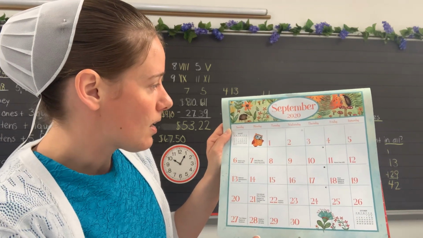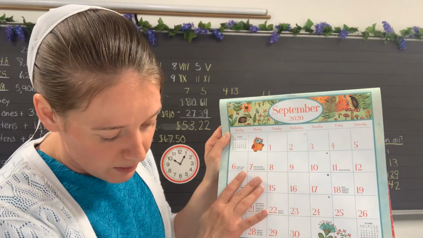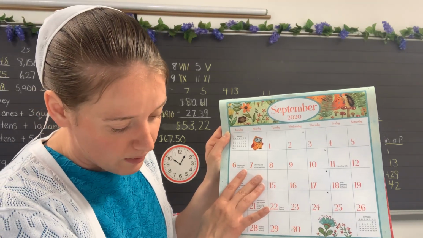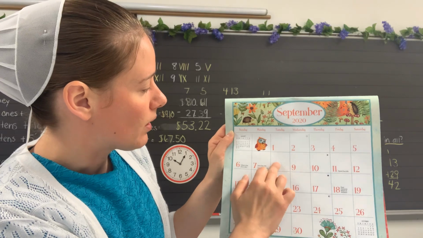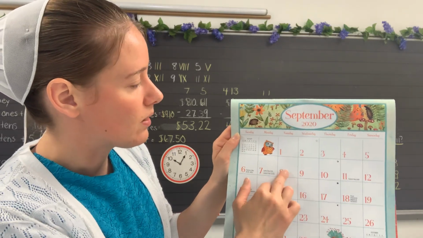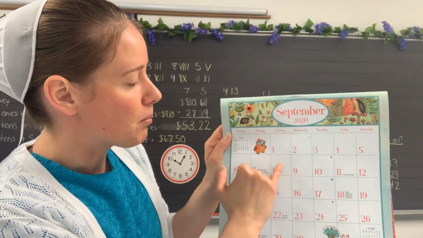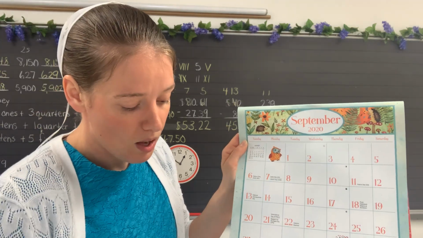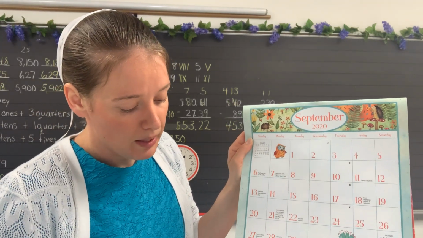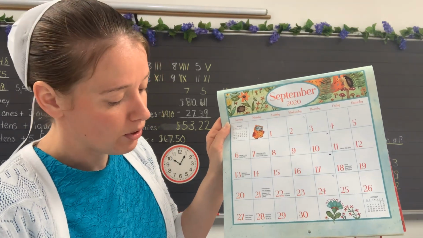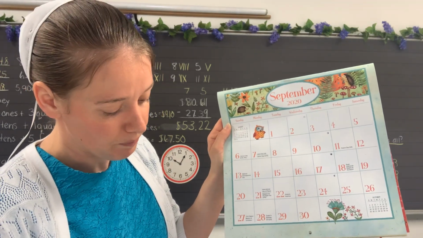So the date of the second Tuesday would be right here, because this was the first Tuesday, so this is the second Tuesday. So the date of the second Tuesday would be September 8th. And what will be the date of the day after the 30th?